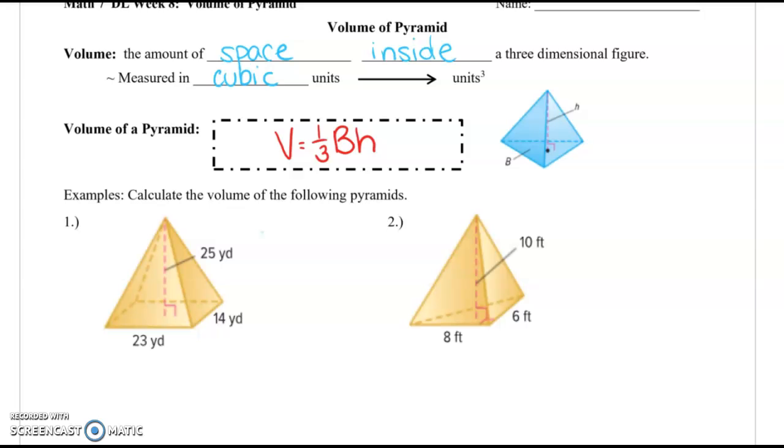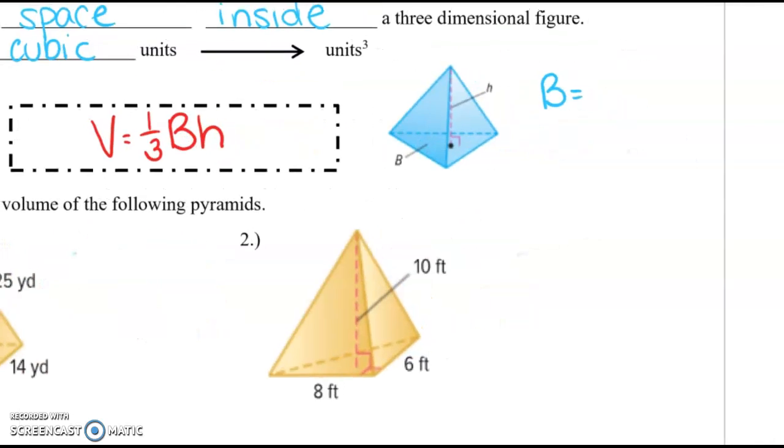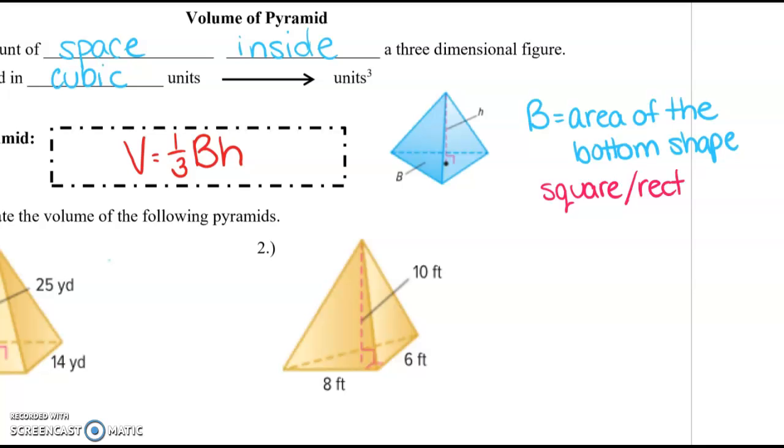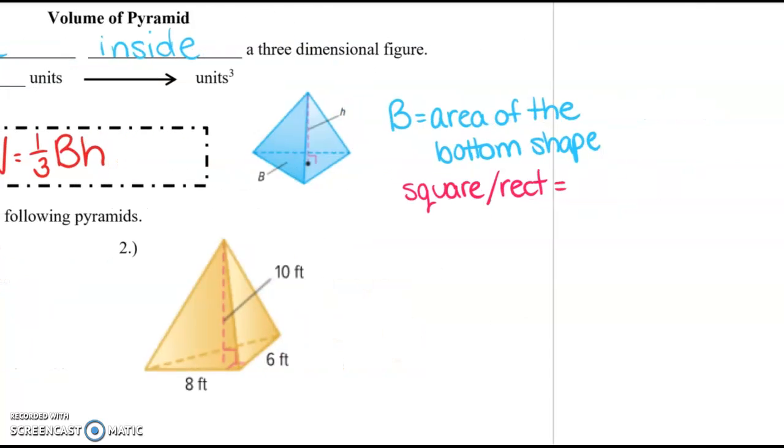The interesting part is the big B. The big B represents the area of the base, or the area of the bottom shape. And that's going to be some sort of square or rectangle, which means you would be doing length times width, or base times height, or it could be a triangle.